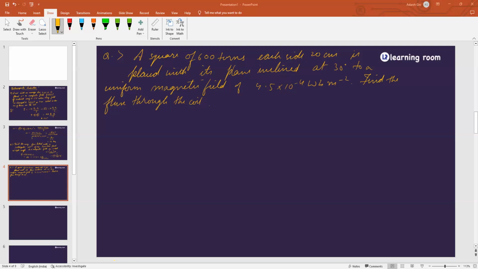Is it 5.4 into 10 to the power minus 3? That's correct. Good. Anybody else with the same answer? Divya? 5.4 into 10 to the power minus 3?